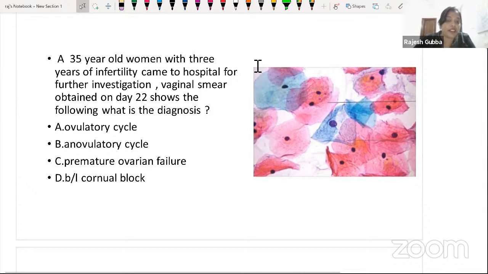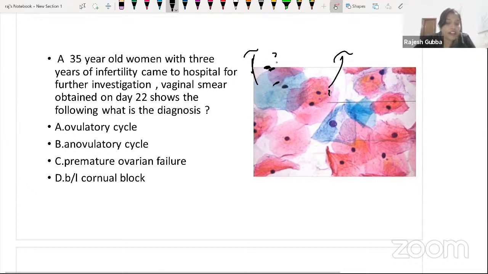Okay, what is the image here showing us? So what are these cells called?